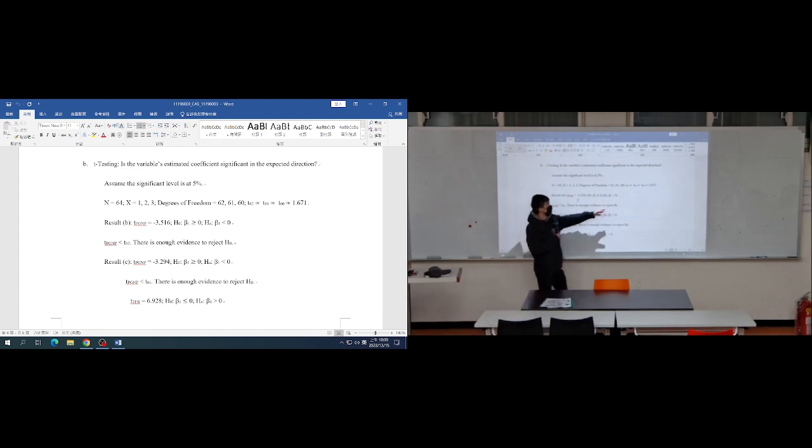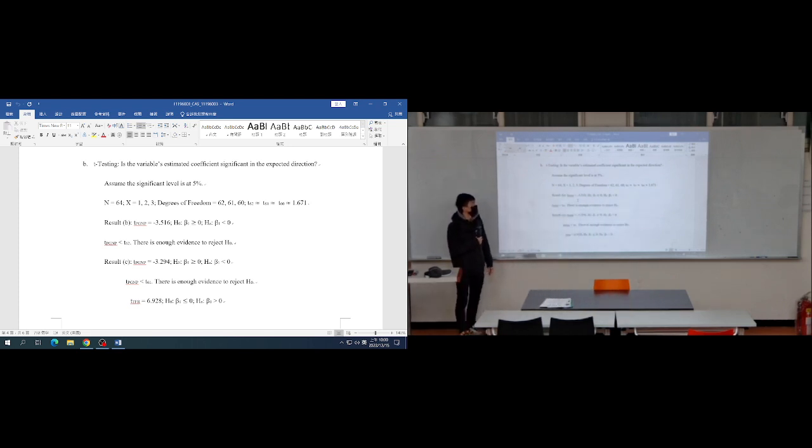And the T critical value for them is almost the same, 1.671. Since the chart didn't have 62 and 61, we just pick the closest.